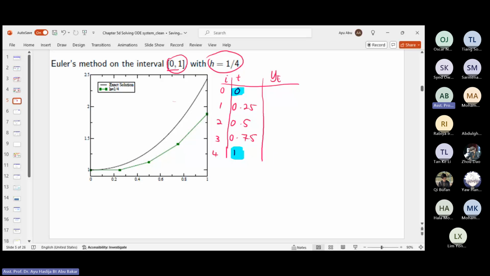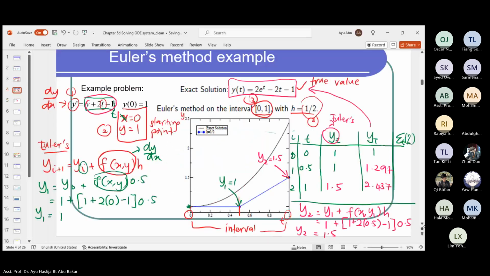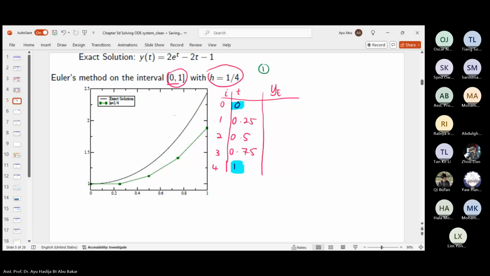Using the same equation for dy/dx as previous, identify the equation, which is y plus 2t minus 1, and this is the dy/dx.